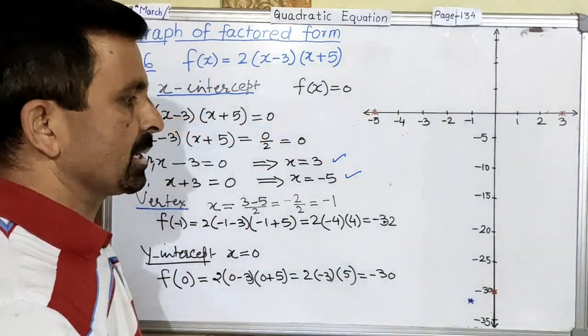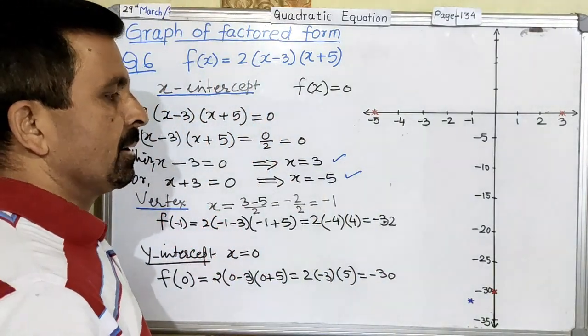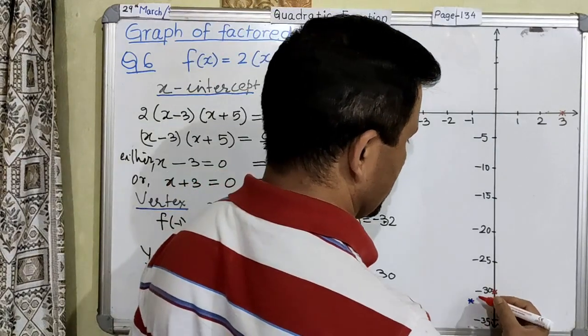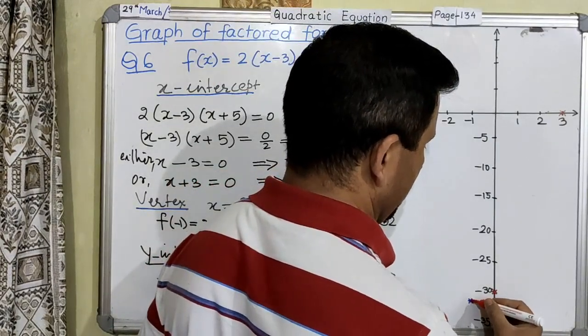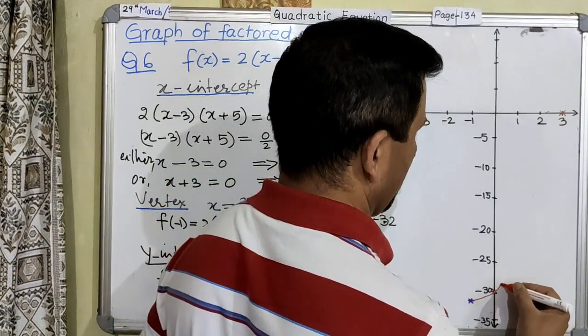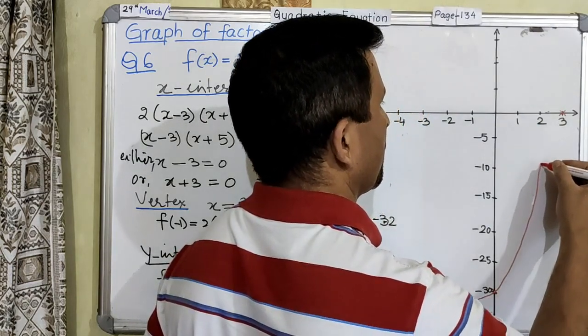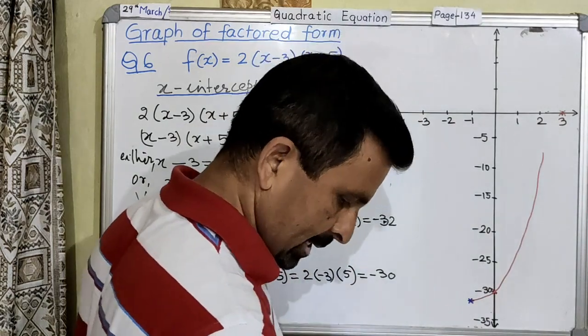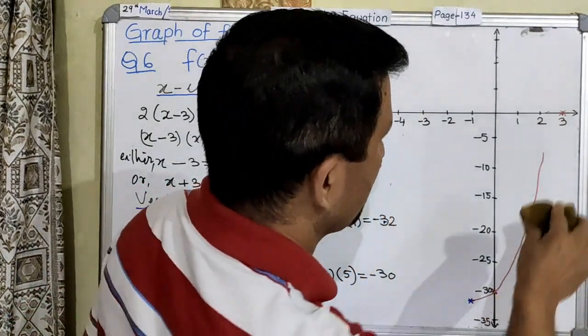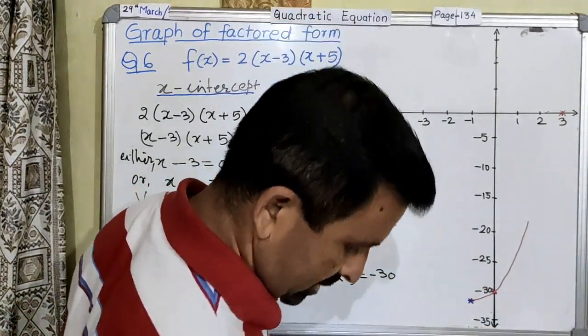After these 4 points are marked, we can now join them and complete the graph. So I am going to complete the graph. Sorry, my hand got shaken.